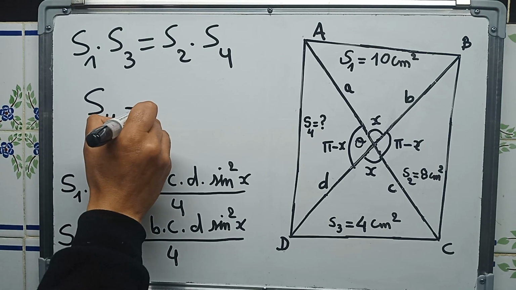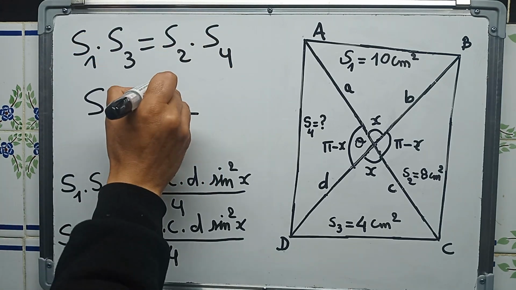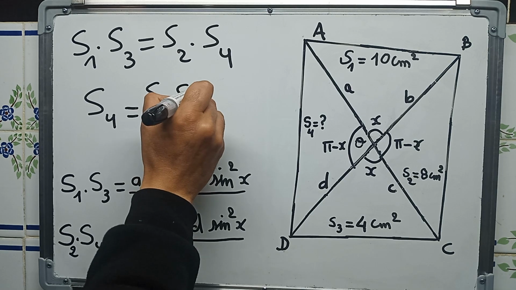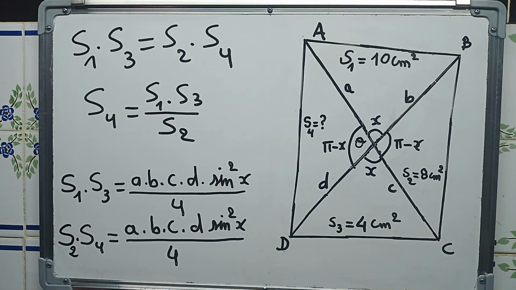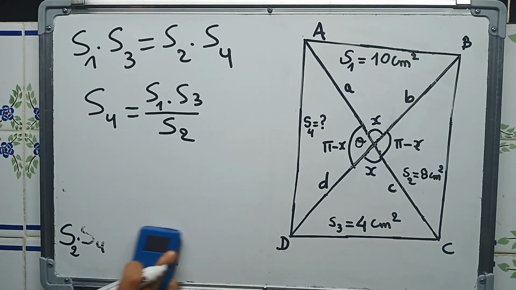S4 is equal to S1 times S3 over S2. And we calculate it.